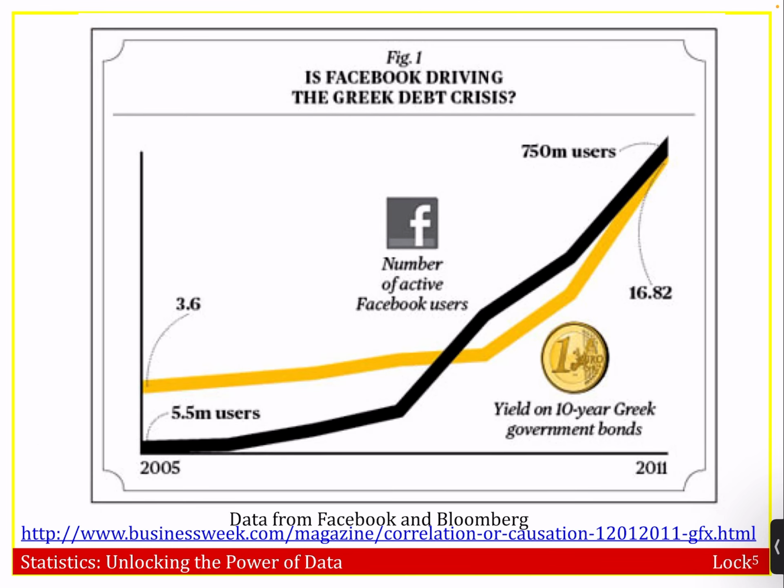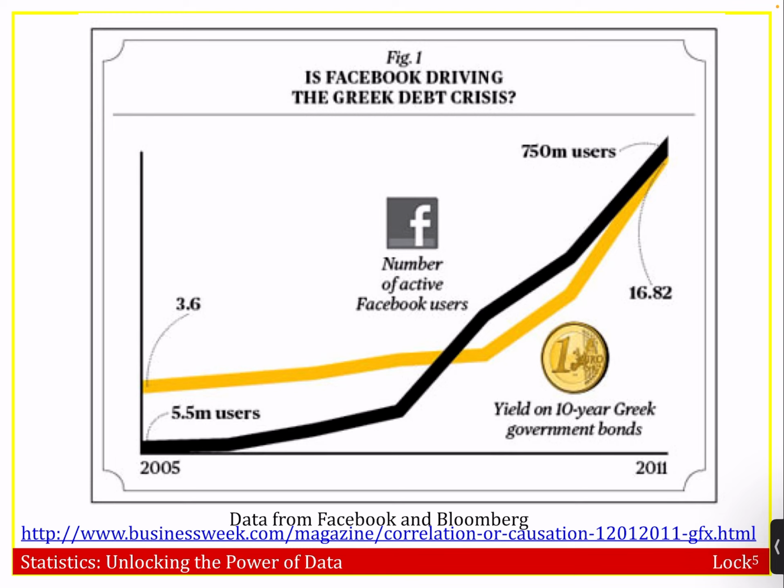Another example. This is the number of active Facebook users in black and the yield on the 10-year Greek government bonds in yellow. Now, the yield is related to the debt crisis, so the question is: is Facebook use driving the Greek debt crisis?